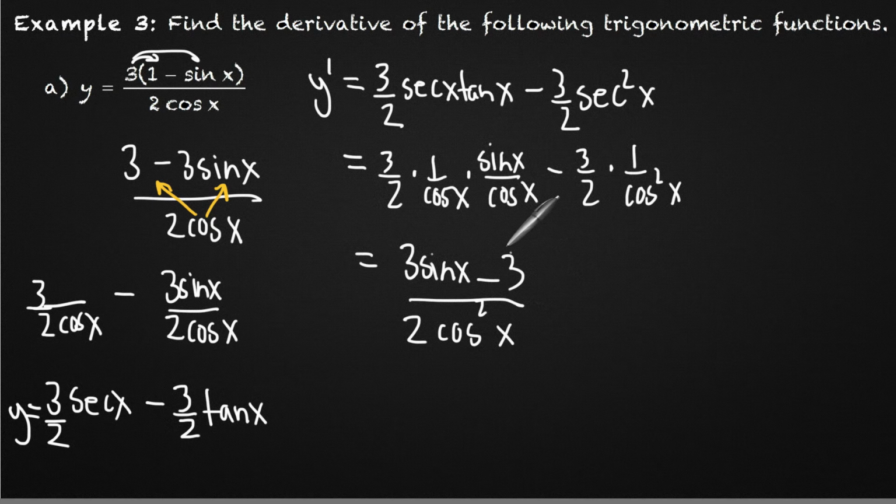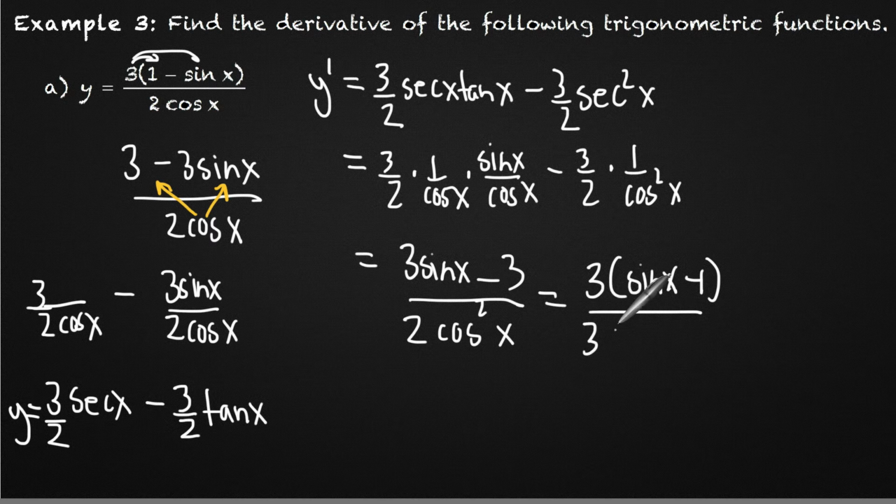All right, so now all we have to do is a couple little nifty things. We've already taken the derivative. So what we'll do is we'll factor out a 3 on the top, and that's going to leave us with a sine x minus 1. And on the bottom, we're going to change cosine squared into 1 minus sine squared, which is a trig identity from pre-calc.